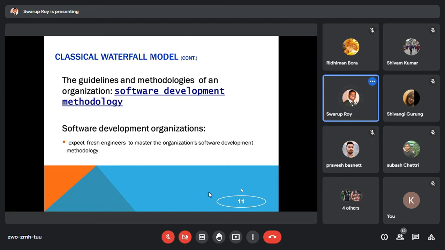So if you enter some of these companies, they will let you know what process the company follows for software development.